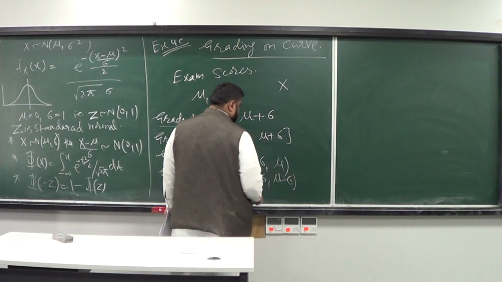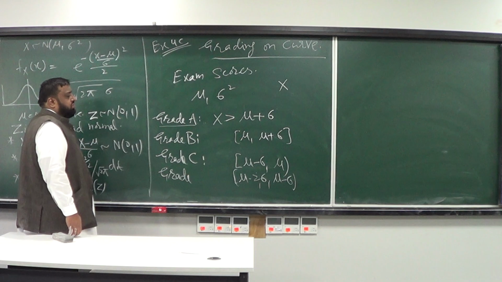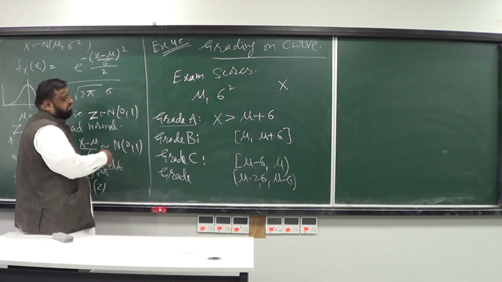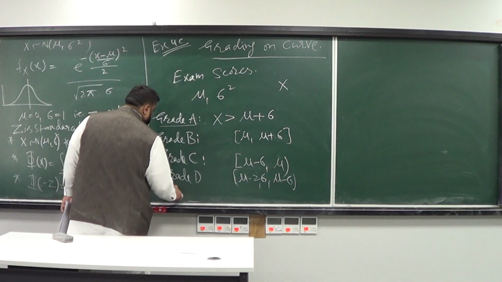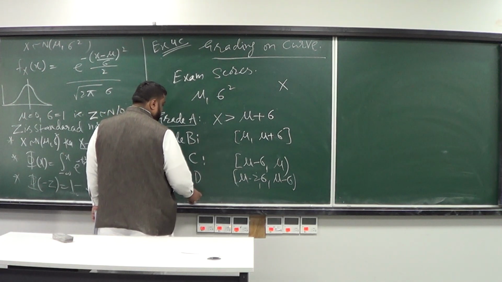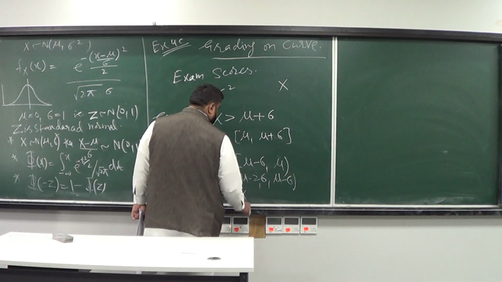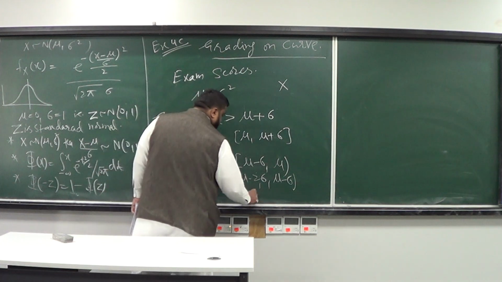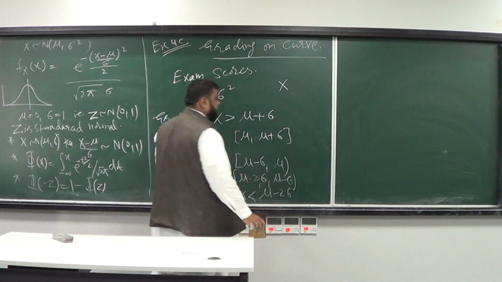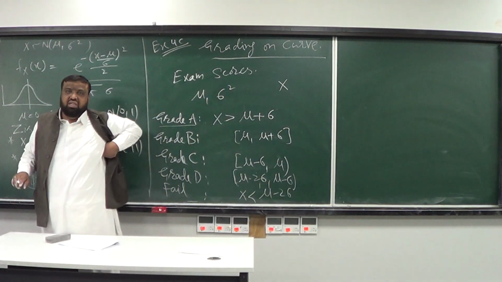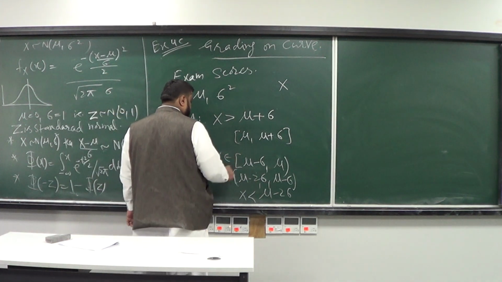Okay, so we have a score between mu minus 2 sigma and mu minus sigma. Let's assign that grade to those. And those students would fail if they are getting marks less than mu minus 2 sigma. Okay? Mu minus 2 sigma.